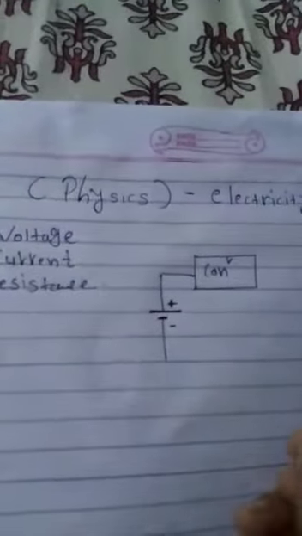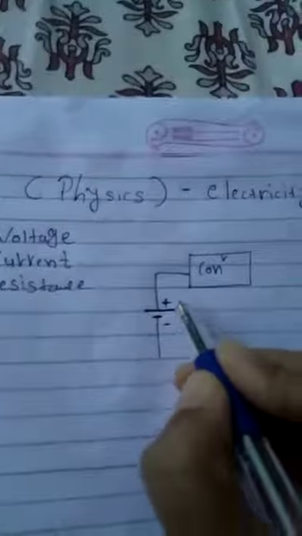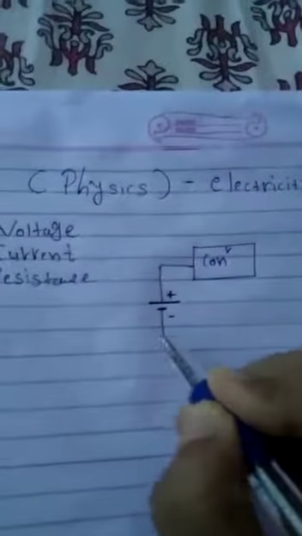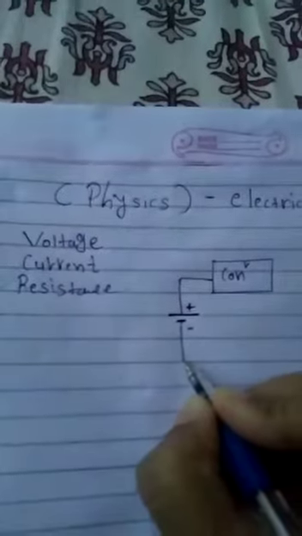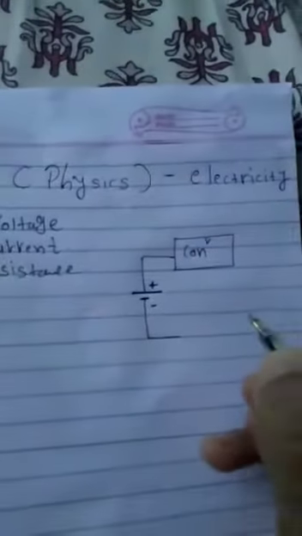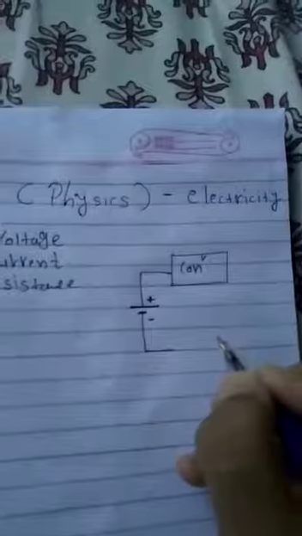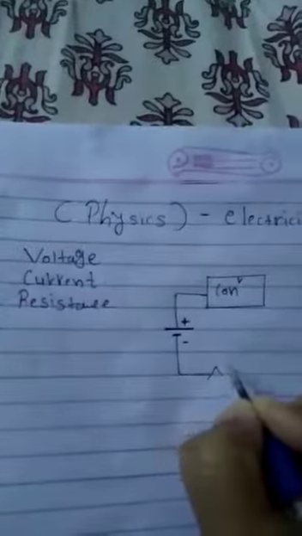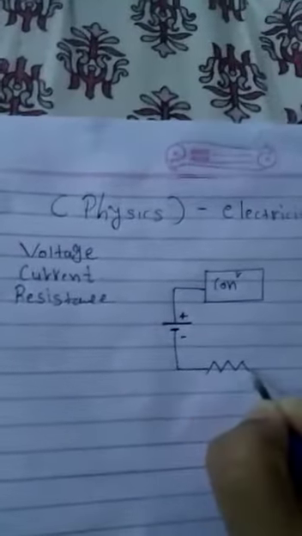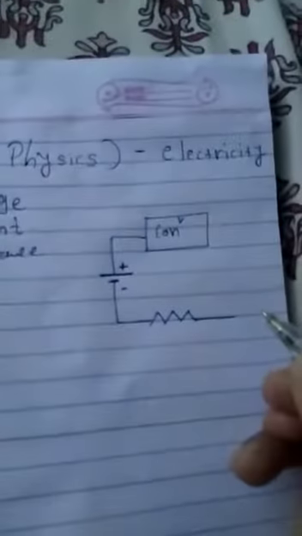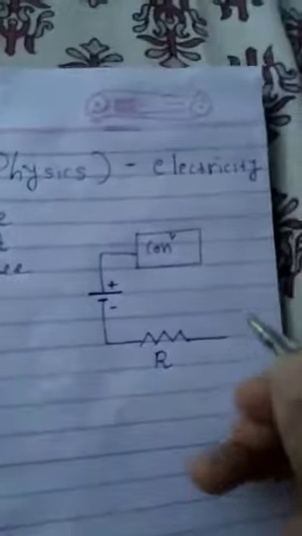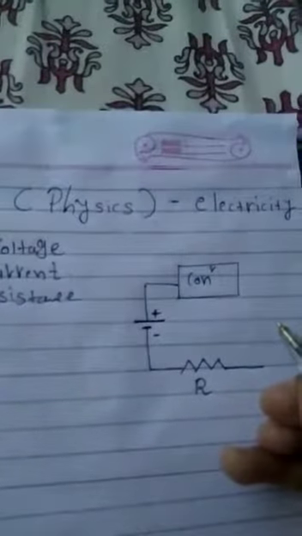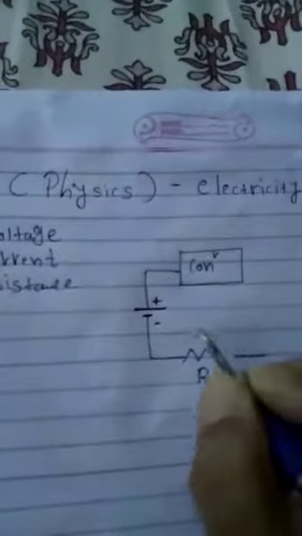Now this is one cell. Now for protection we are going to connect a resistor. It's called a resistor. This is the sign of a resistor.